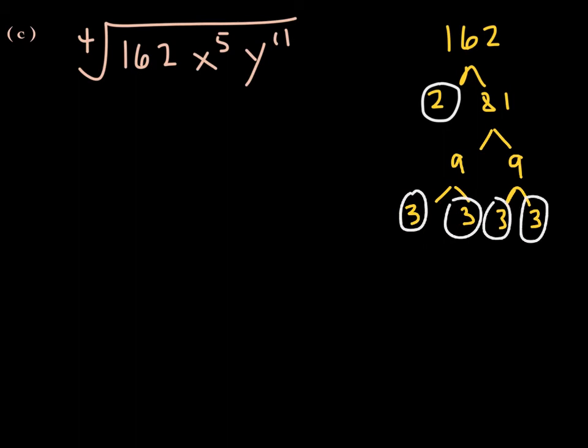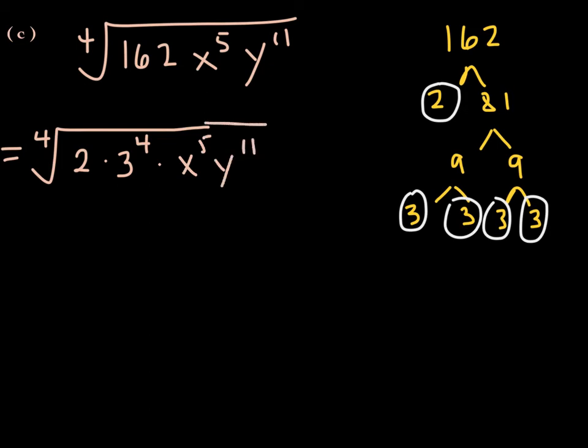So going back to our problem, this can be rewritten as the fourth root of 2 times 3 to the 4th power. Or you can write it as 3 times 3 times 3 times 3 if you want. And then let's not forget the variables, x to the 5th, and then y to the 11th. I'll extend that radical a little bit.